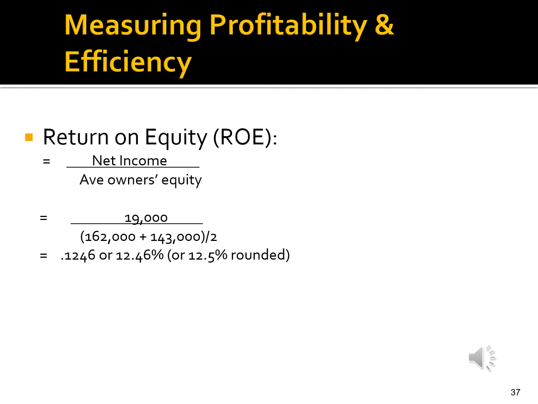So ROE is calculated as net income divided by average owner's equity. In this case, ROE is 12.5%.